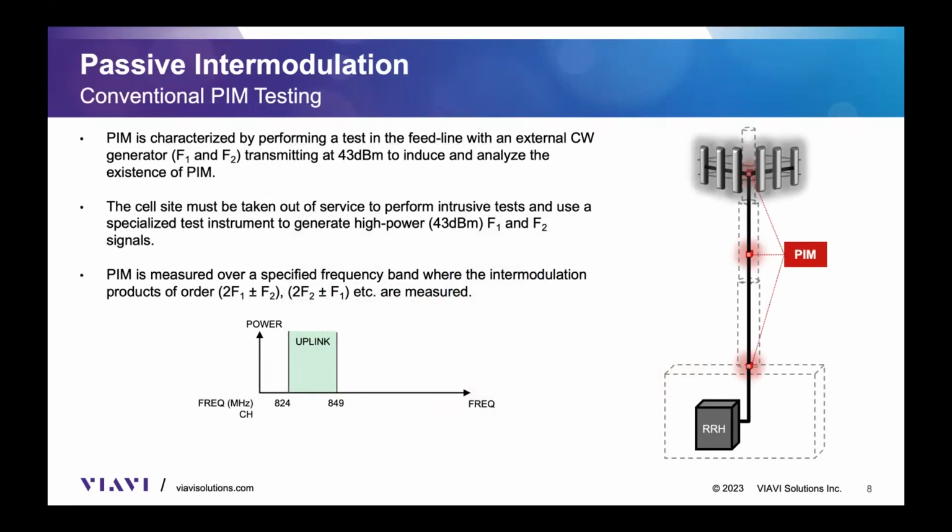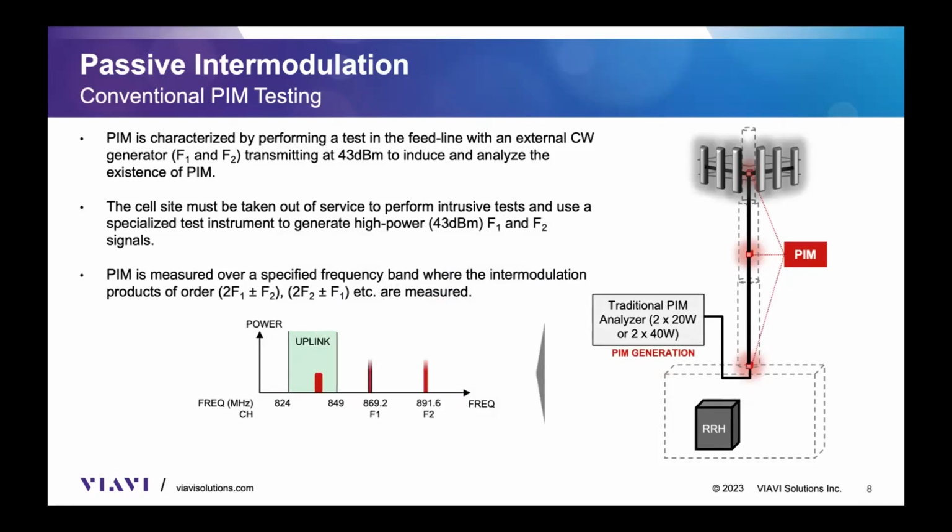One is the conventional way, and that is we have a remote radio head with a PIM, and basically here we disconnect the radio and we connect an analyzer that is going to be transmitting a couple of tones. So if I transmit 2 tones, I expect to see one intermodulation product that is landing in the uplink.